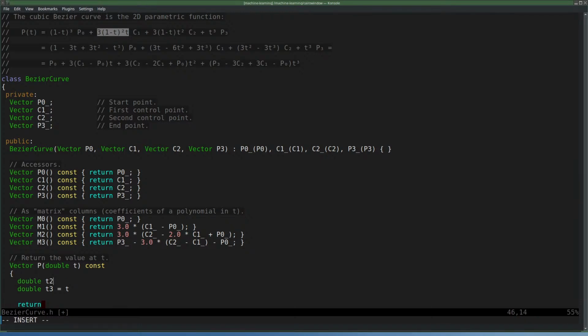I'm needing a t squared. And a t to the power 3. And a 1 minus t. Squared.